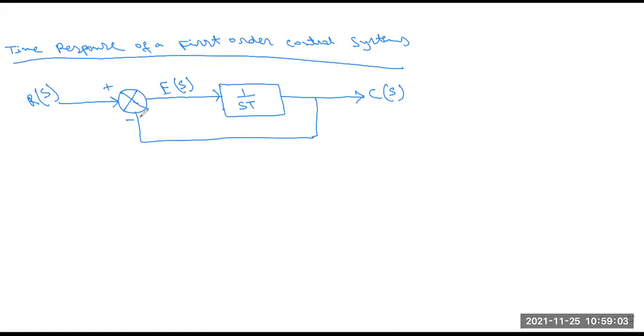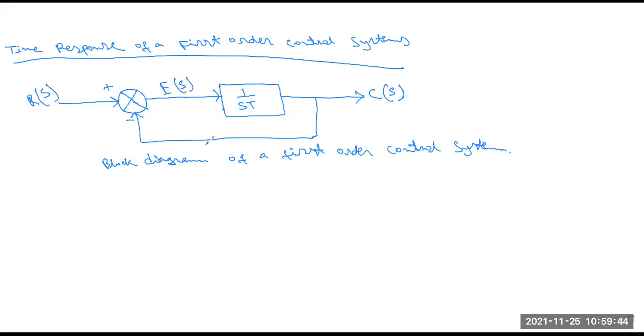This is positive and this is negative, and these are the feedback loops. That means this is a closed loop control system. This is the block diagram of a first order control system.